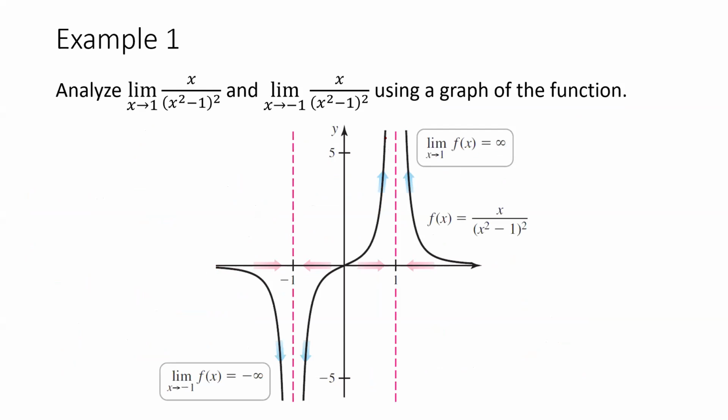When you see the graph, it should be clear that when I have a vertical asymptote at x equals 1, it's blowing up to infinity, or at x equals -1, it's blowing up to negative infinity. Does that make sense? Can you see how that works when you have the graph? Do you guys have questions about that?